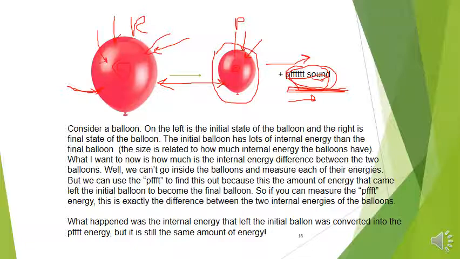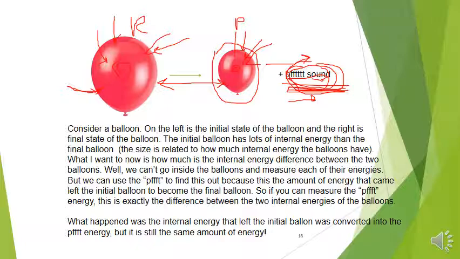We want to find how much energy is in one side and how much energy is in the other side. We can't measure each one's individual energy, but we can measure the energy that's given off when we do the chemical reaction. And this amount of energy given off is going to be the amount of energy that's different between the two.